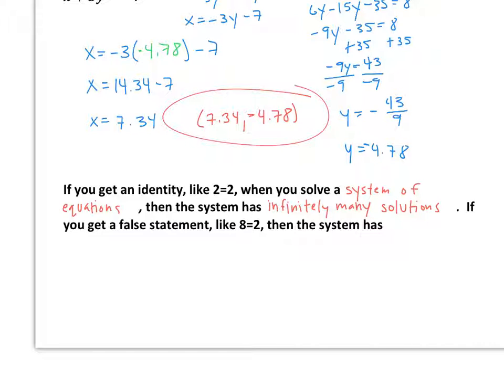And if you get a false statement, like 8 equals 2, then the system has no solutions.